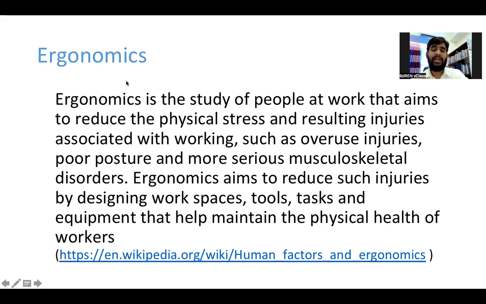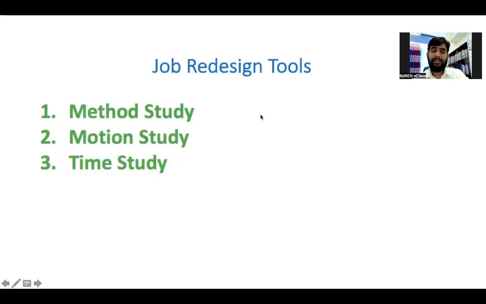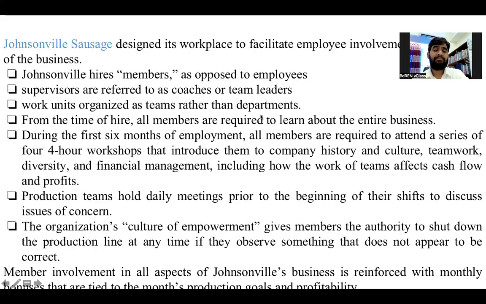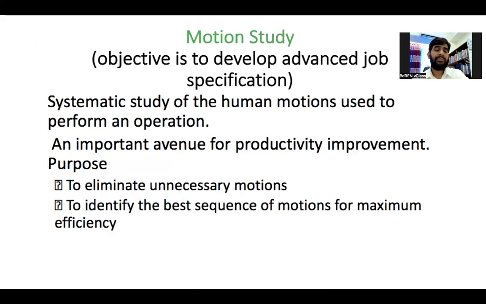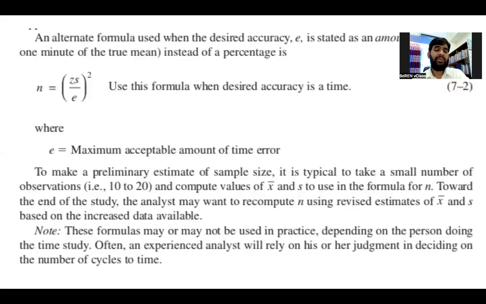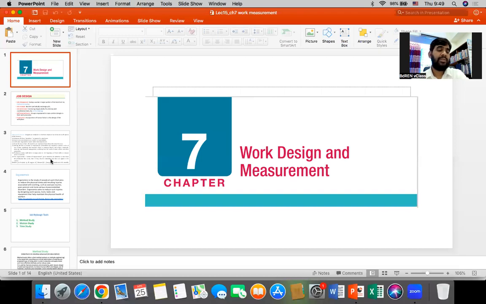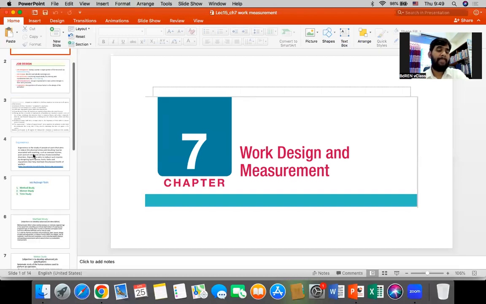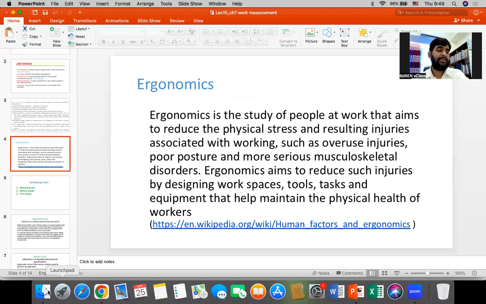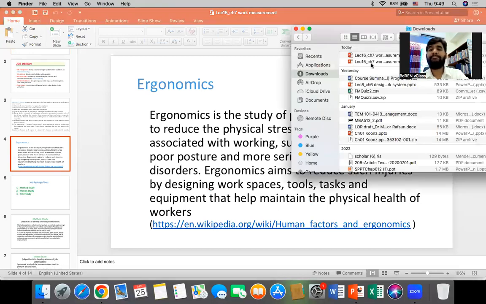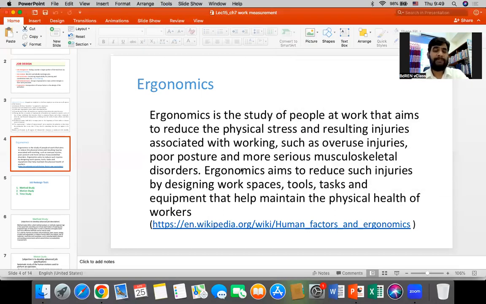Example of ergonomics. Maybe where is ergonomics? Example. Somehow there is a problem in the slide. Can I try with another slide? Because there is an example.